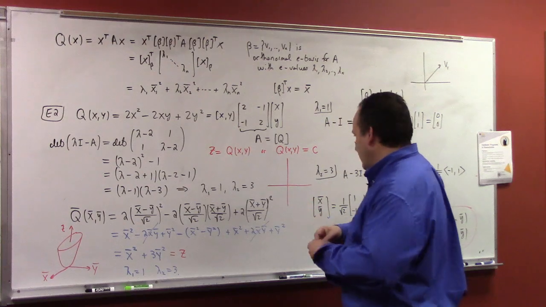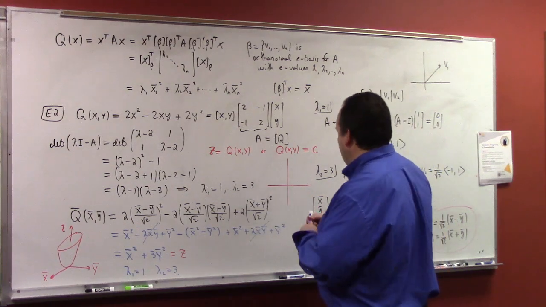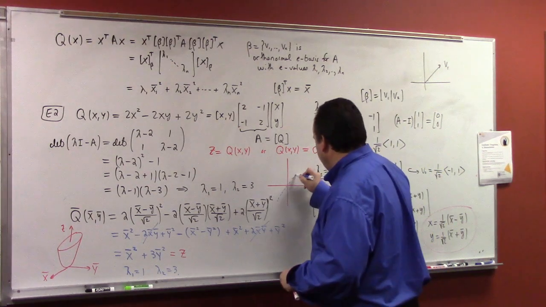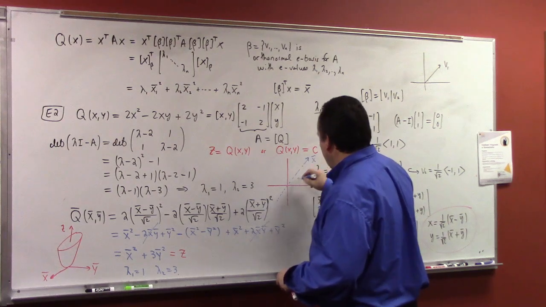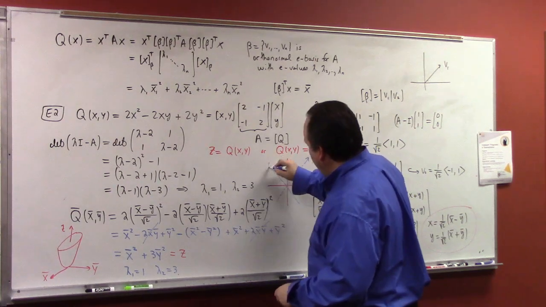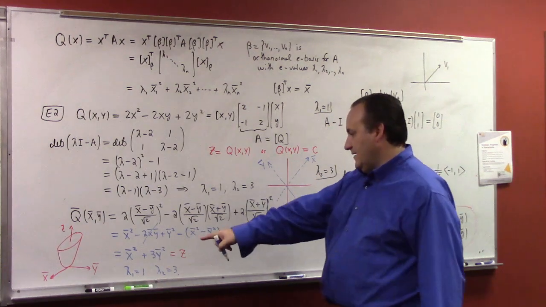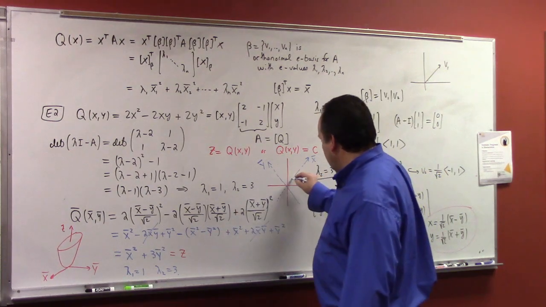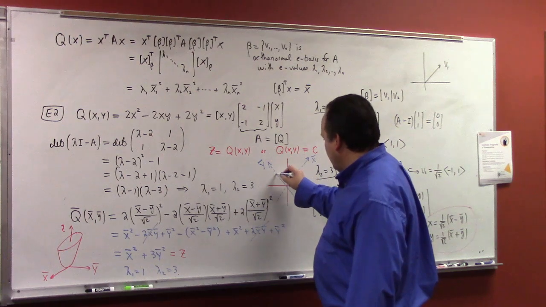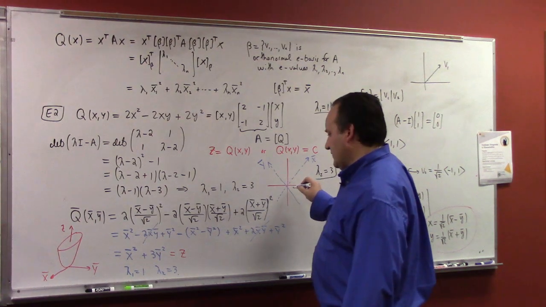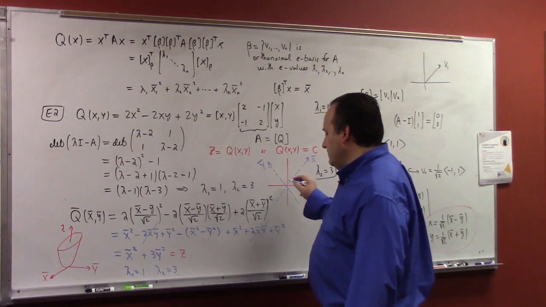If I write my eigen-coordinate directions like so, there's my x bar, and there's my y bar, right? Well, I've got x bar squared, and y bar is a little bit smaller actually, 1 over root 3. My bad.